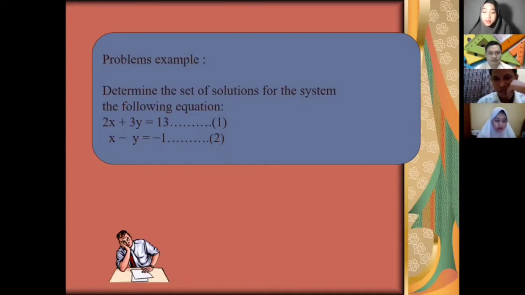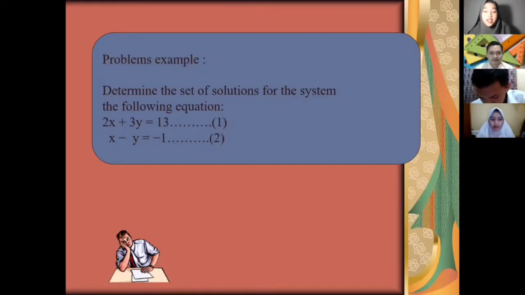And a, b, c, p, and q are considered constants, or numbers that multiply the variables, called the coefficients. Okay, understood. Thank you, miss.